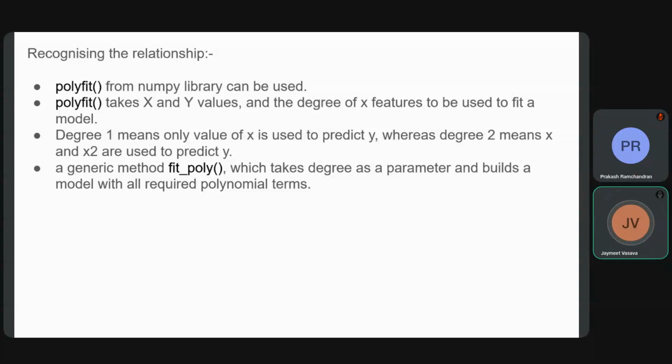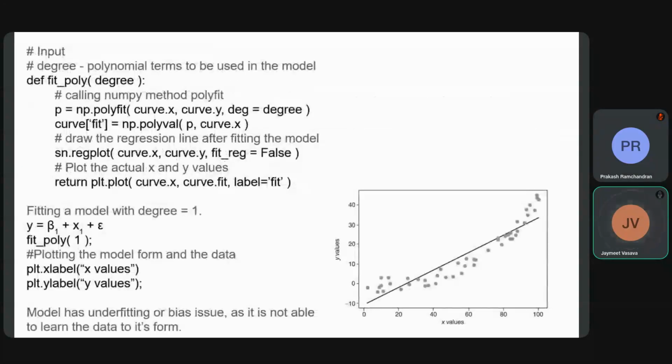A generic method called fit poly makes the degree a parameter and builds a model with the required polynomial terms. So the custom function fit poly takes in the degree of the polynomial, and for that we'll be using the polyfit method using the x and y values and the degree.